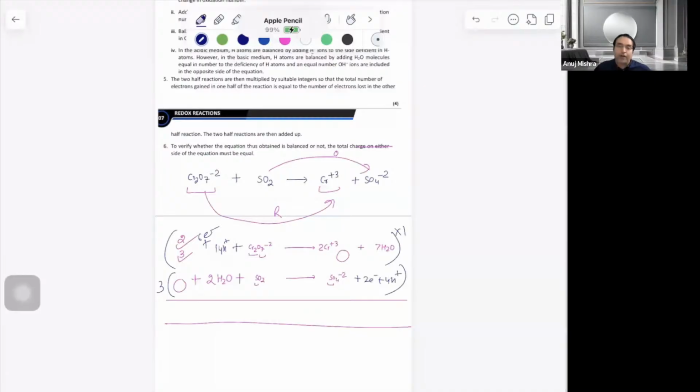How will it look finally? It will be 3SO2, then 3SO4 2 minus, 6 electrons cancel, Cr2O7 2 minus. Can you balance? Check please. Both half cells are balanced. You can write the final equation.